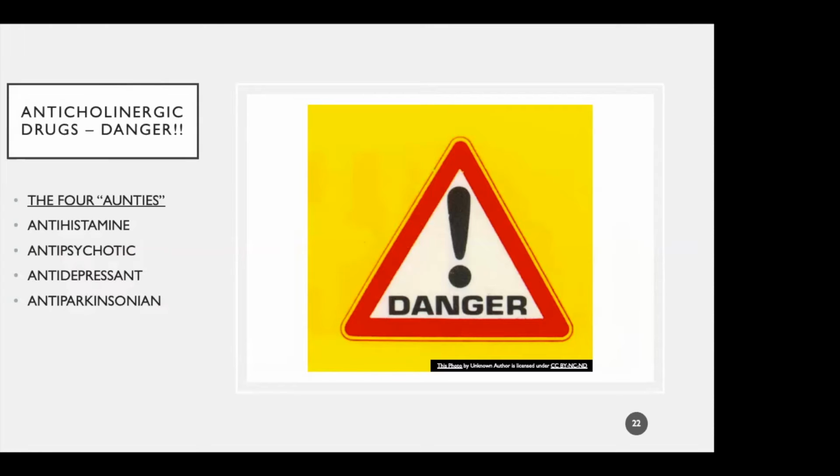Out of these, 2 are those psychoactive medications I told you about, the antipsychotics and antidepressants, which actually have the 4- and 5-fold increase in risk. So just remember, anticholinergic drugs are dangerous for older adults. And a little later, we'll be talking about the Beers criteria.